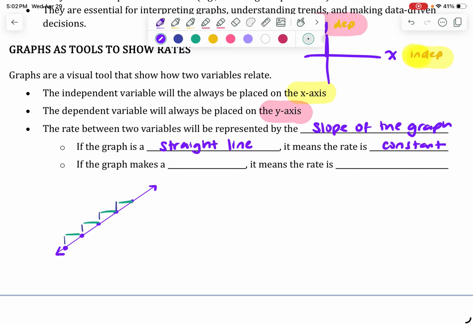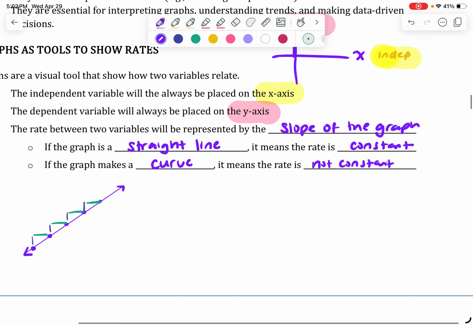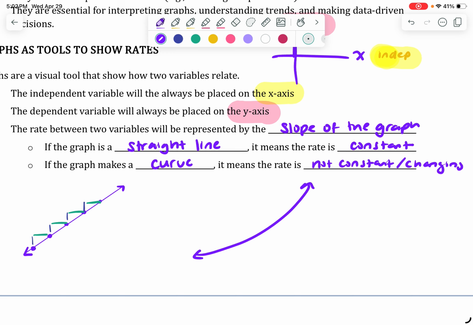However, what we're less used to is a graph that makes a curve, or truly if it's made up of a connection of a bunch of various lines. This means that the rate is not constant. Or you could say that the rate is changing. So if I'm taking a look at slope, remember, slope represents the steepness of my graph. So my slope here, and my slope here, and my slope here are all different.